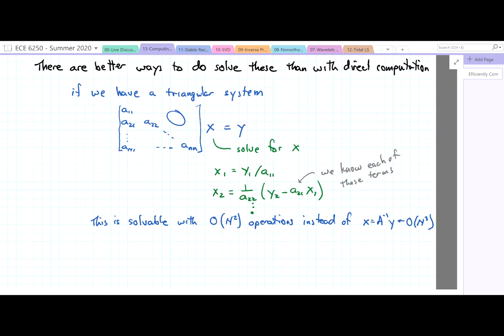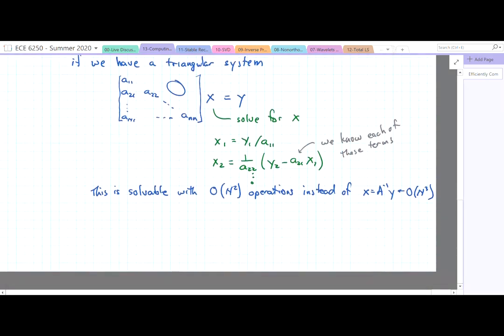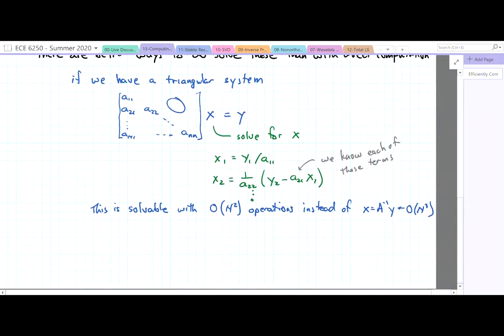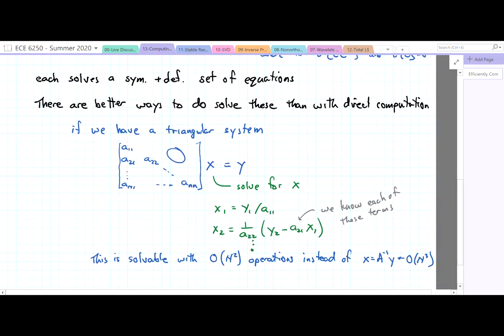But if it's 100 by 100, boy, 100 times faster is something that's really compelling. So this particular example, this triangular system, order n squared, doesn't fit this symmetric positive definite set that we've talked about. However, different decompositions that we can perform get us into a state where we can use this particular form.